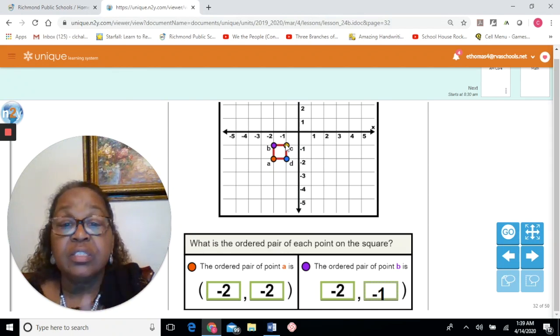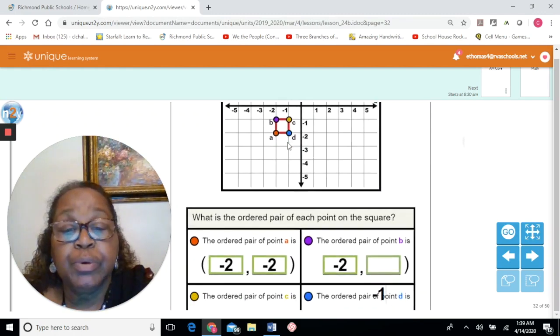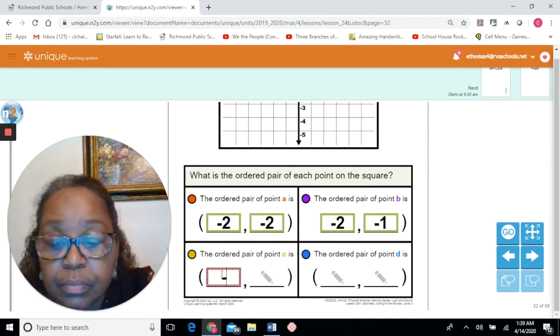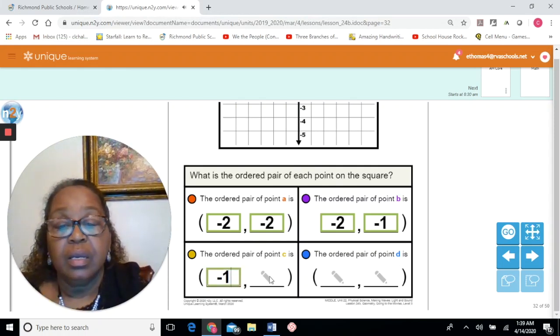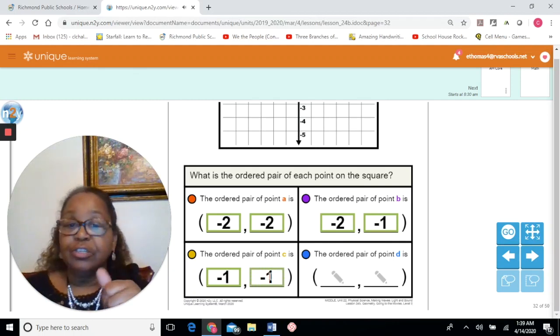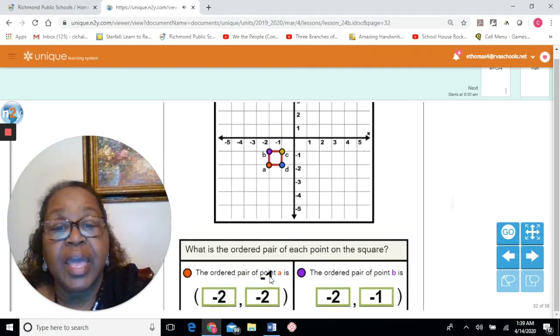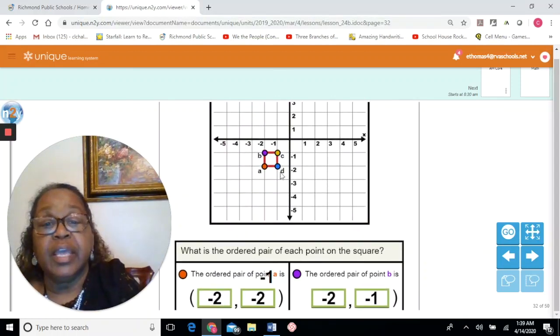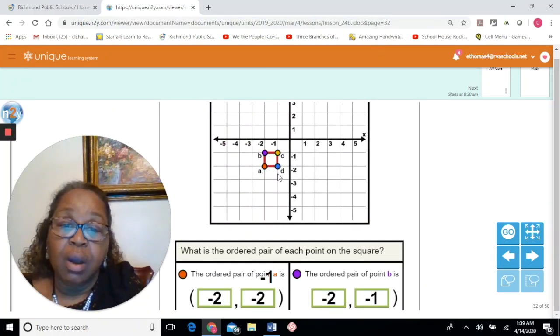The coordinates are (-1, -1). So let's put in our ordered pair. -1, -1. Excellent. That is great.